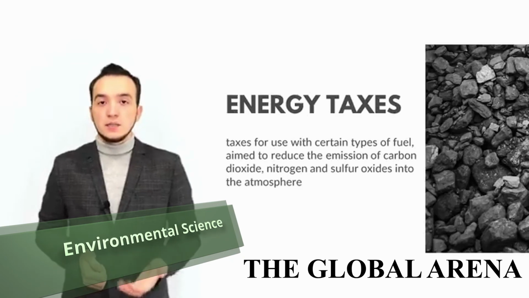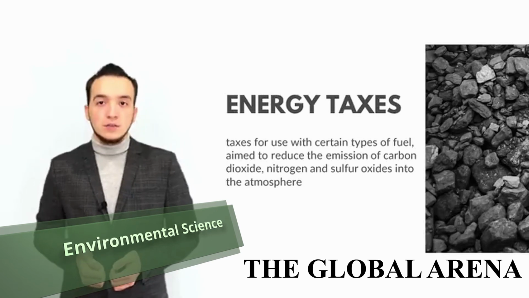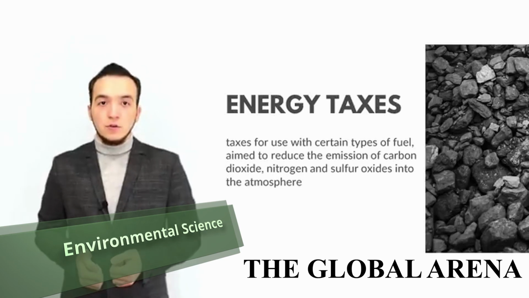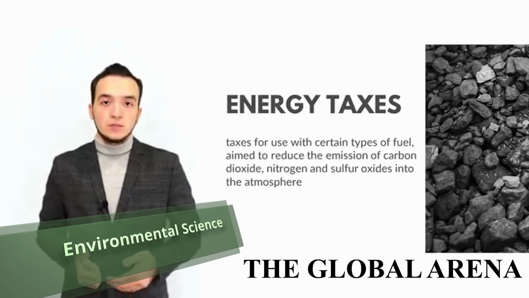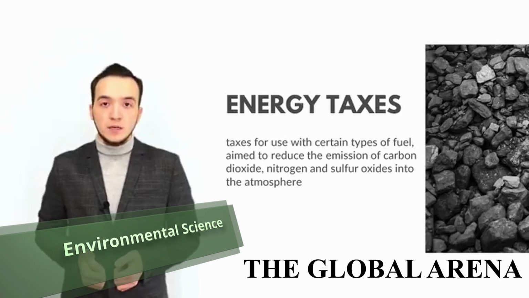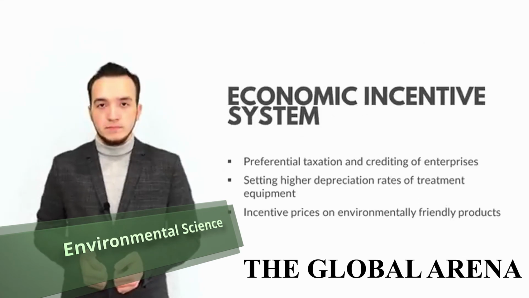Energy taxes are taxes on certain types of fuel, aimed to reduce the emissions of carbon dioxide, nitrogen oxides, and sulfur oxides into the atmosphere. Reduced use of coal fuel leads to reduced emissions of pollutants such as carbon dioxide, especially in cities.